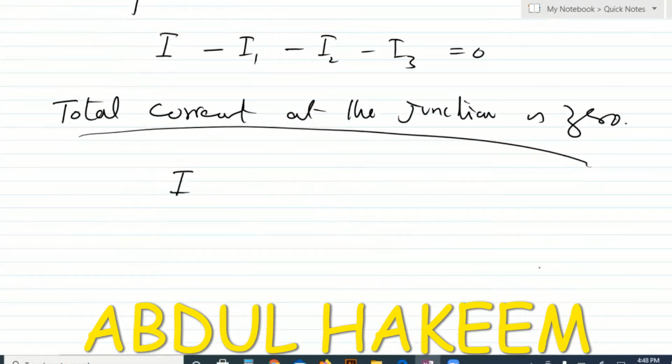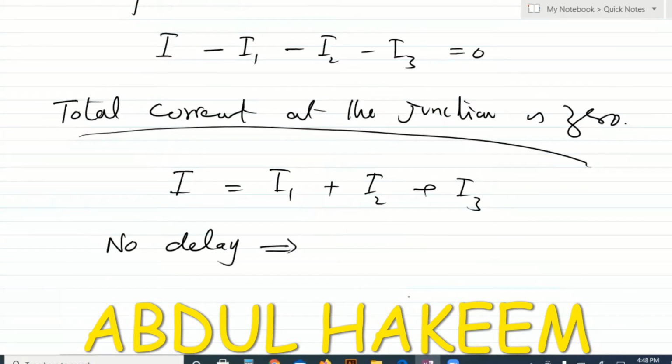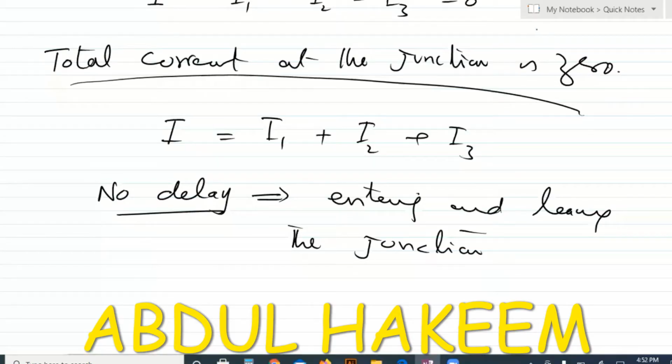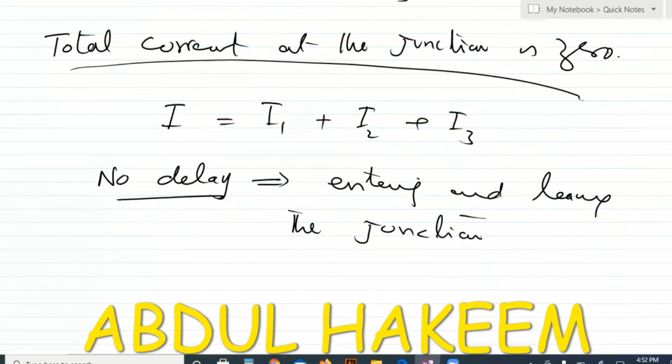So I is equal to I1 plus I2 plus I3. But do remember, there is no delay between entering and leaving the junction.